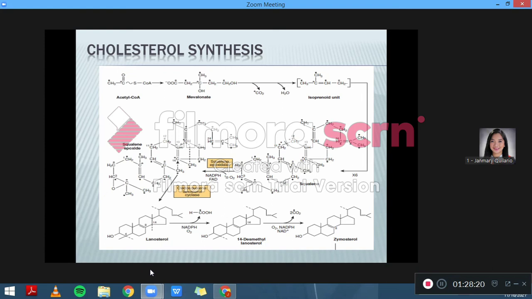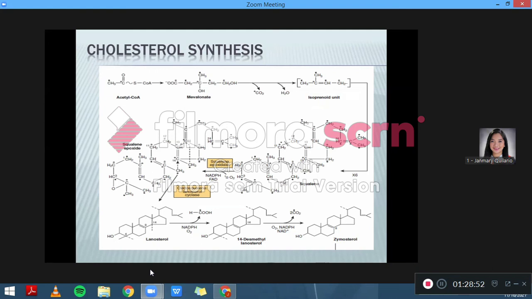Then for step 3, that would be the formation of squalene from 6 isoprenoid units. The product formed, isopentenyl diphosphate, is isomerized so that there's a shift of the double bond to form dimethylallyl diphosphate. Then it is condensed with another molecule of isopentenyl diphosphate to form the 10-carbon intermediate geranyl diphosphate.